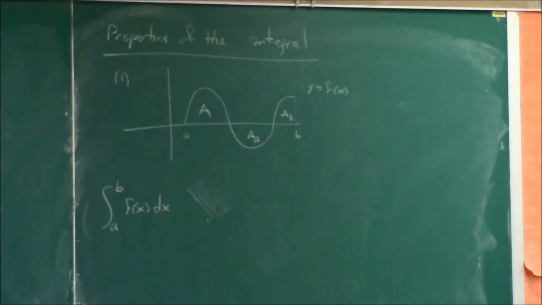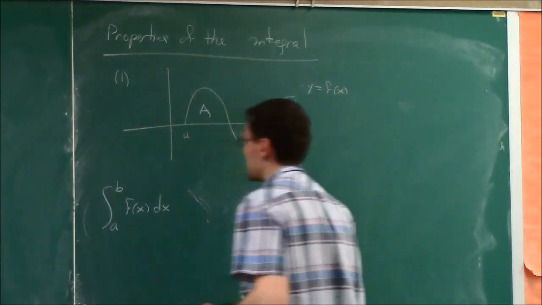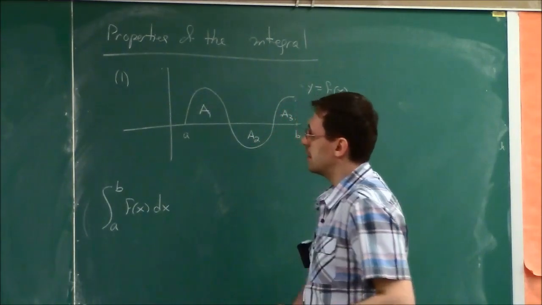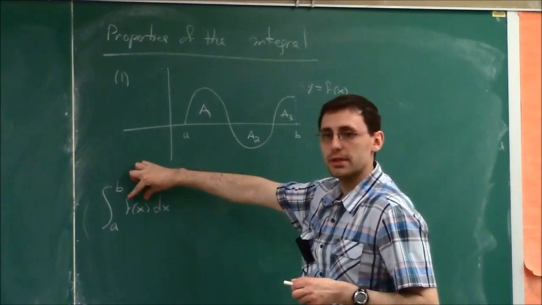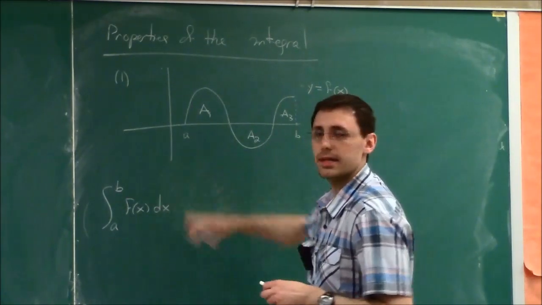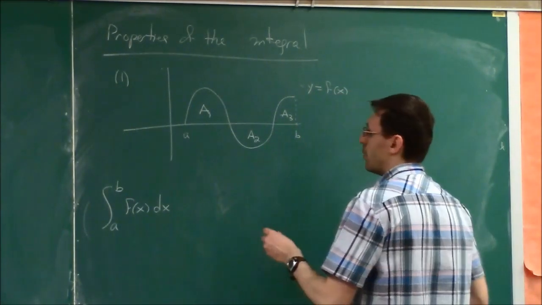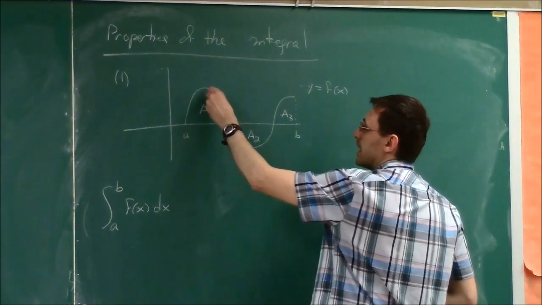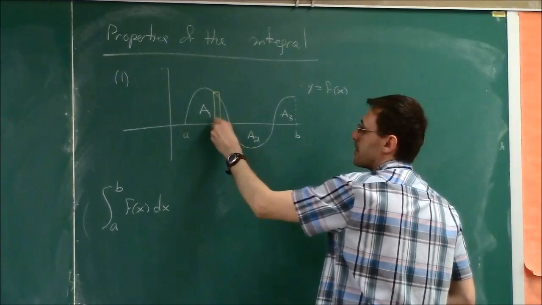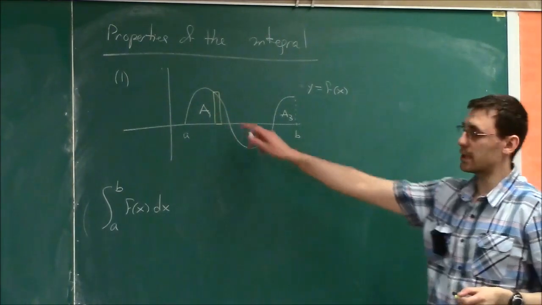So let's see what happens, right? So the integral, its only interpretation is that it's the limit of the sum of rectangles whose altitude is f of x and whose width is dx. So let's see what's going to be the altitude. If I select a rectangle over here to test, what can you say about this rectangle?